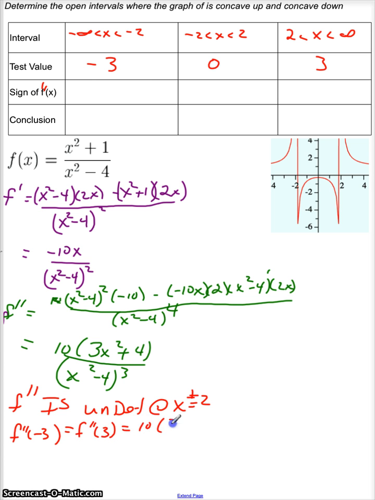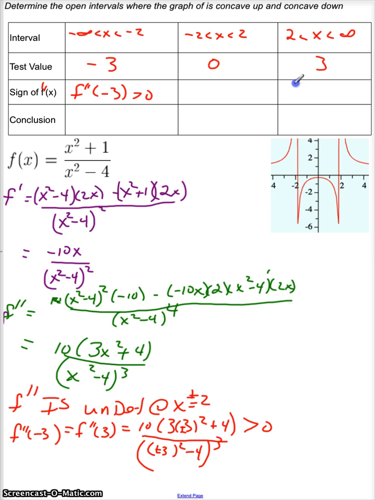So this is 10 times 3 times 3 squared plus 4, so that's going to be positive, divided by plus or minus 3 squared minus 4, so that's 9 minus 4, which is positive 5, cubed. So this is going to be positive. All right, so the second derivative at -3 is positive, just as the second derivative at +3 is positive. So these are both concave up.